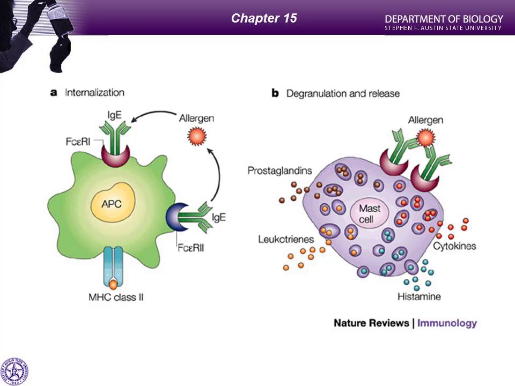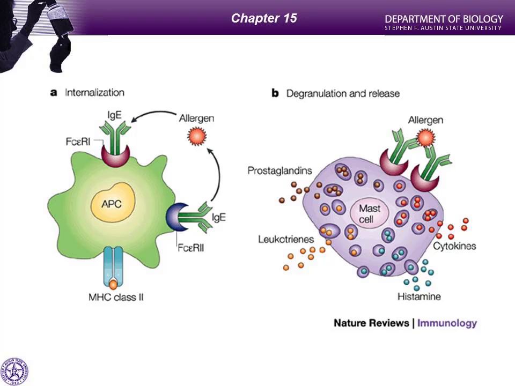Because think about heparin flooding through your body. It's going to be an anticoagulant. Histamine is going to be a vasodilator. The prostaglandins, leukotrienes, they're going to increase vascular permeability. So your blood vessels are going to open wide open. Your blood vessels are all going to start getting leaky. And what's going to happen to your blood pressure?